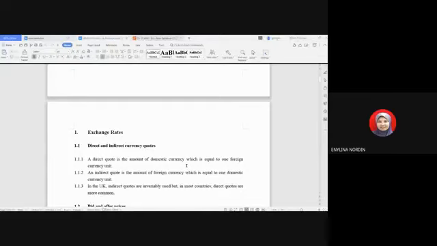So $1 equals 4.20 ringgit, and for one ringgit, 1 divided by 4.20 gives 0.24 dollar. That is what we mean by direct and indirect currency quotes.